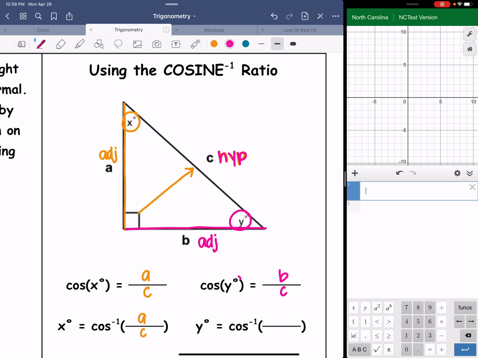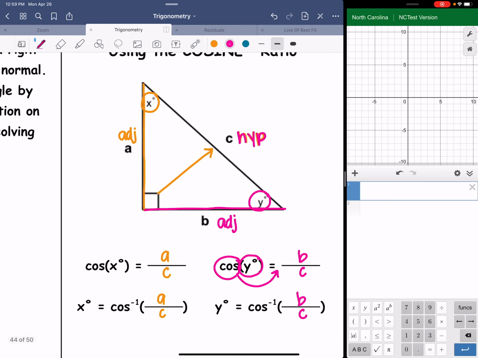Then, to get y by itself, we simply need to move the cosine over by taking the inverse. So that leaves us with y equals cosine inverse of b over c. So it's the same ratio, you're just taking the inverse of that ratio to get that angle measure by itself on one side of the equation.